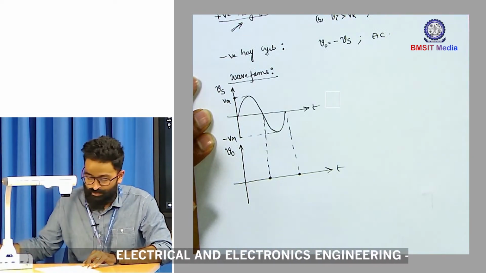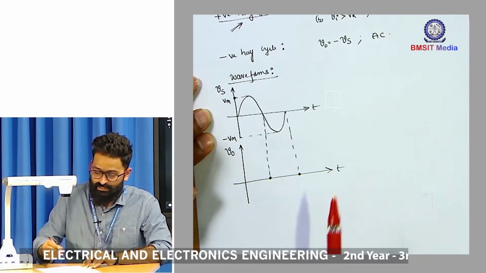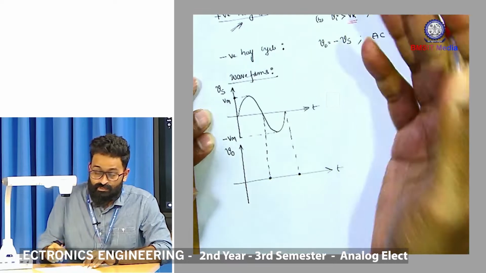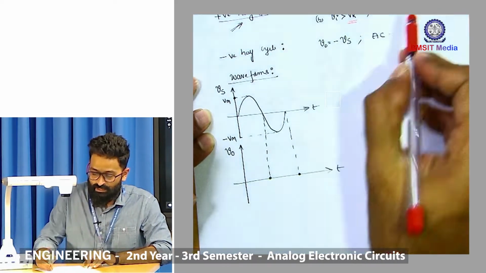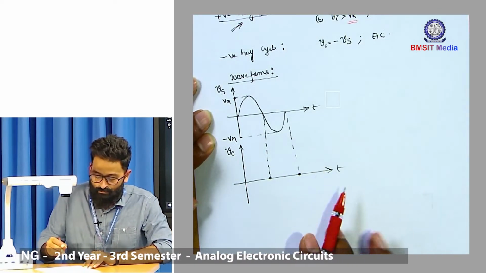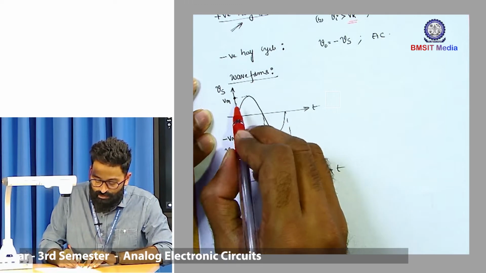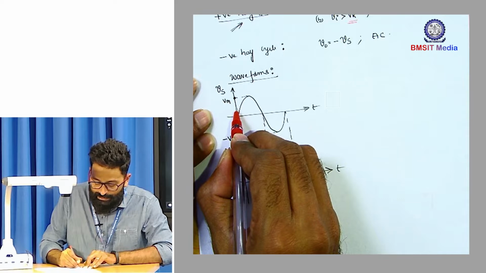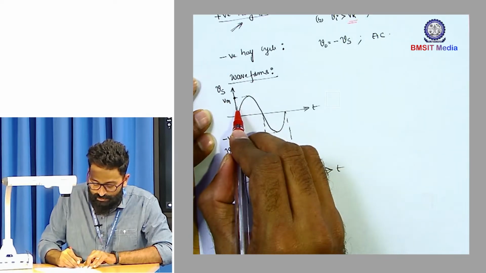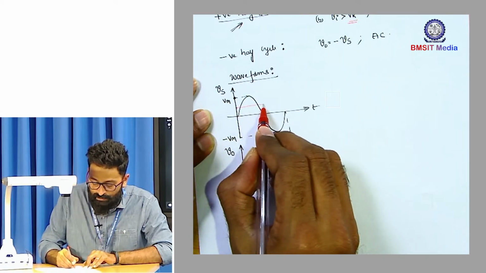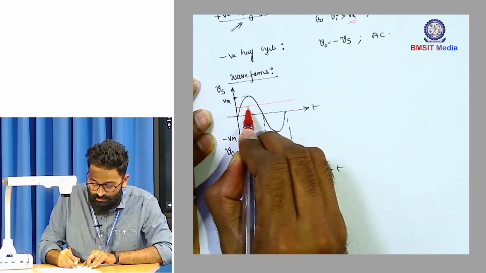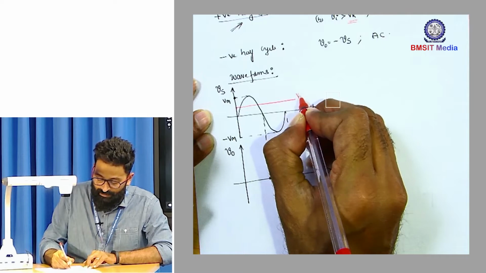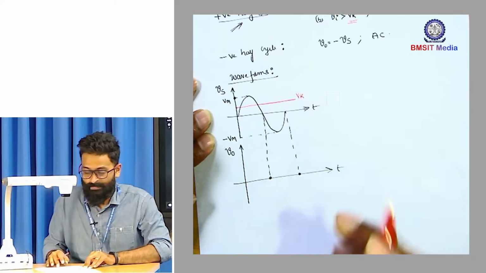And the operation of the circuit during positive half cycle was due to the presence of Vk, and Vk is a DC value. So what you have to do is draw a straight line, something like this, in the positive half cycle, and you can name this line as Vk.